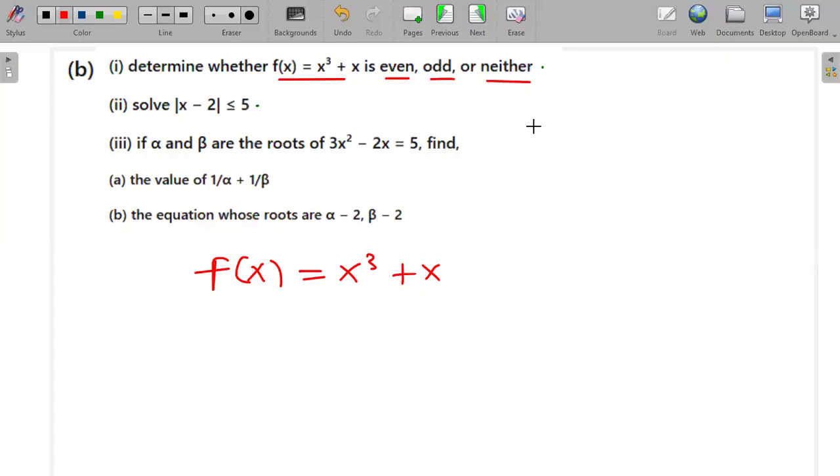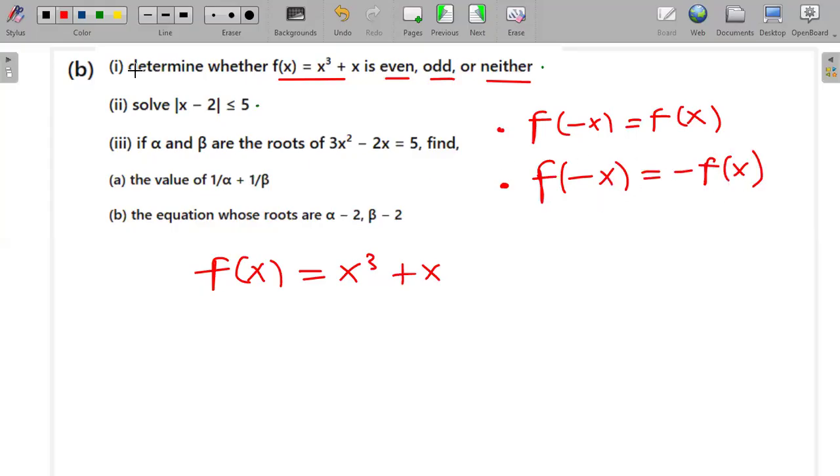We said f is even if f of minus x is equal to f of x. This is what we said. So I'm going to add another definition here. A function f is called odd if f of minus x is equal to minus f of x.